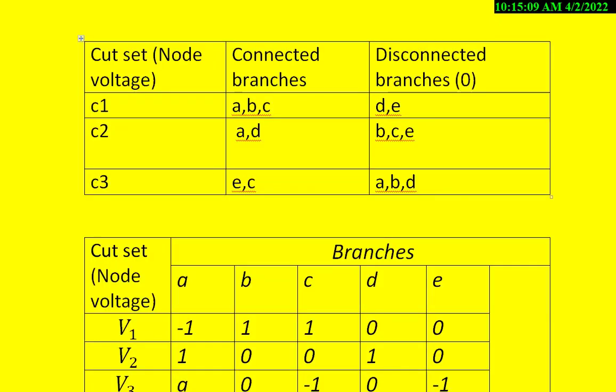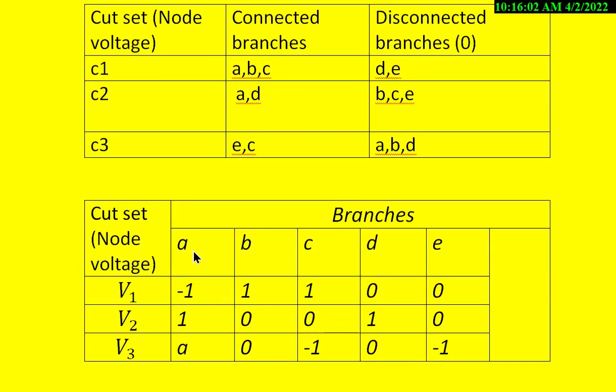So look at the elements. Element A is entering node 1. Similarly, the other elements B and C are leaving node 1. So elements leaving the node will get the positive sign whereas the element entering the node will get the negative sign.